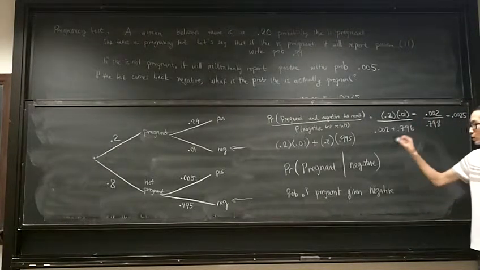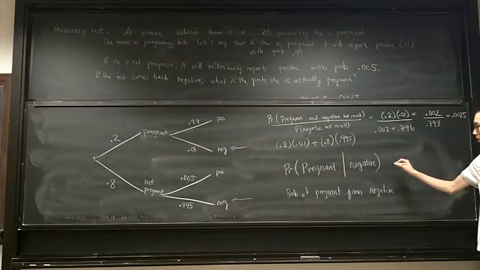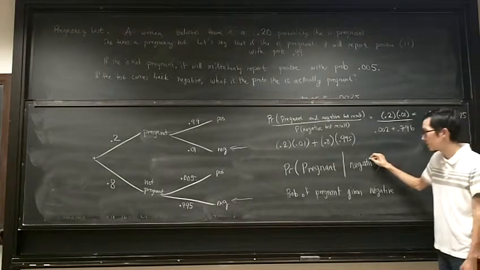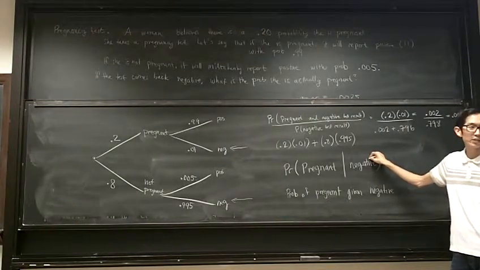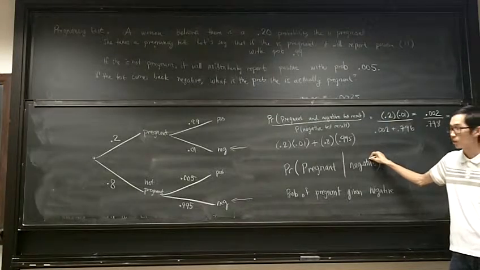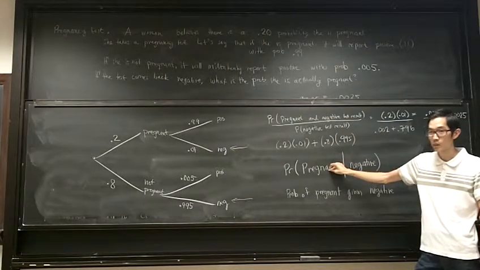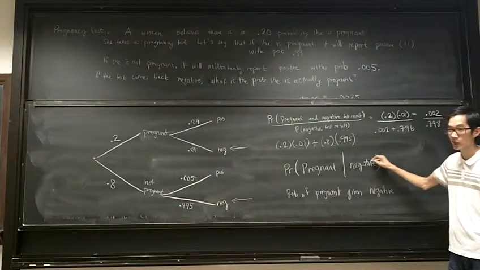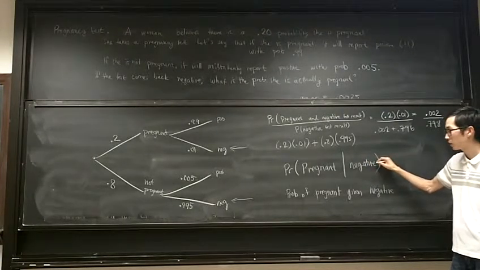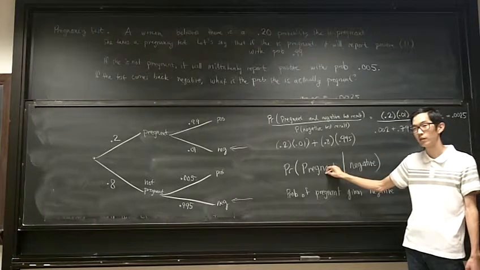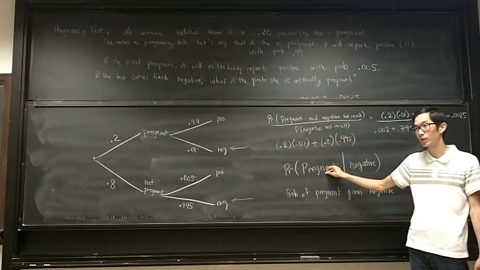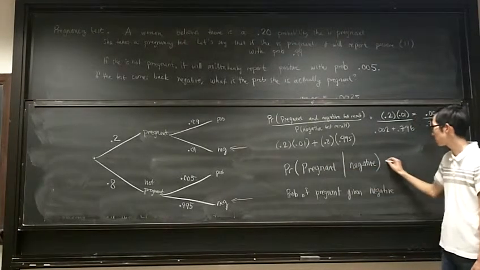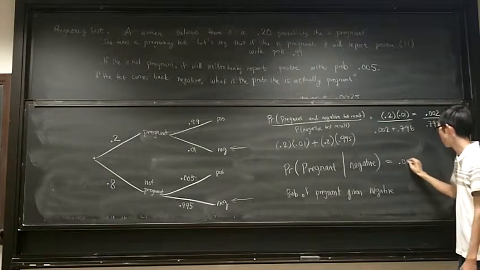This says, if we know someone has a negative test result, what is the probability that they are pregnant? So the given part comes after the vertical bar, and the part that you're trying to find out comes before the vertical bar. Okay, and so this answer is 0.0025.